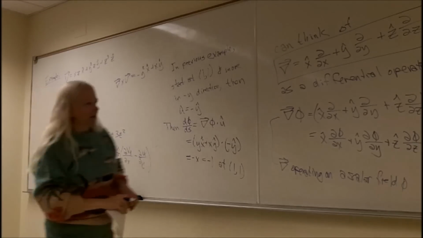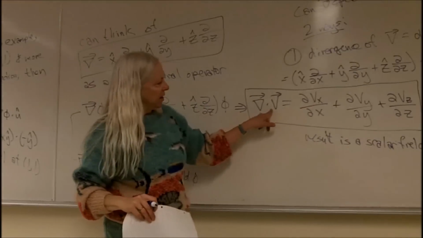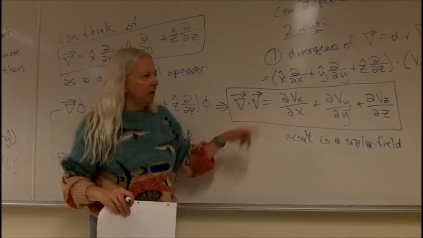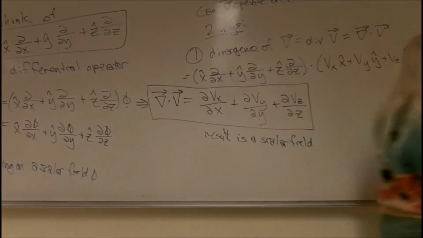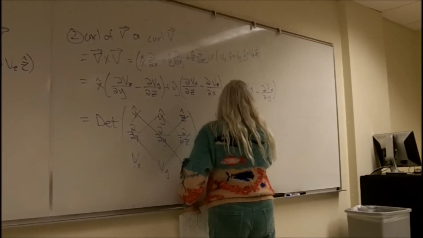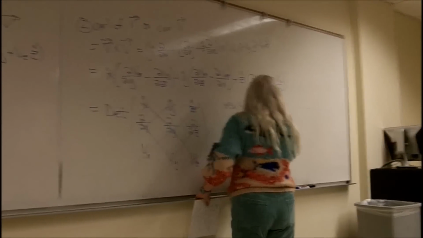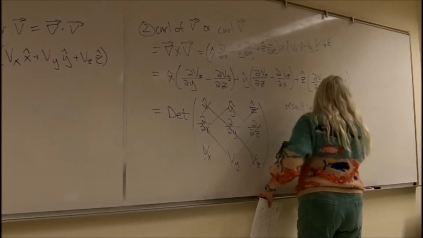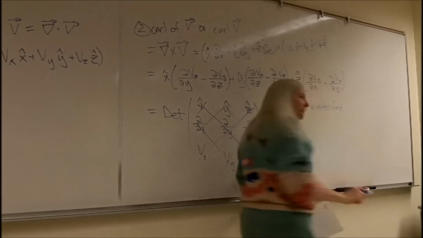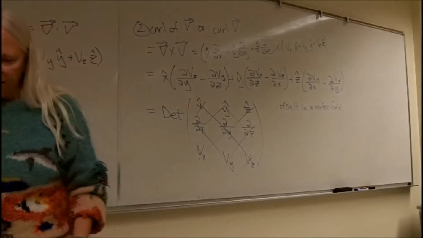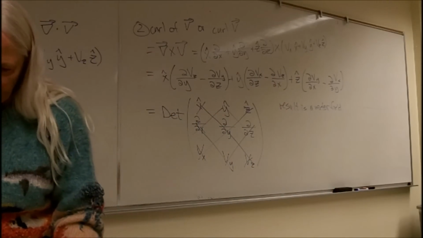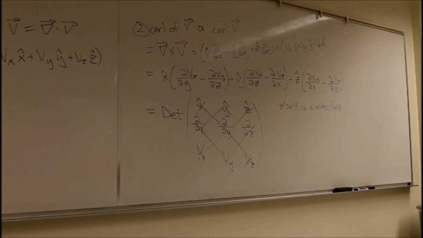And I guess I should have mentioned here that the result of taking the divergence is a scalar field, and the result of taking the curl, of course, is a vector field. Okay? And you can see that in our example. I'm sorry, you said divergence is a scalar field and curl is a vector field?